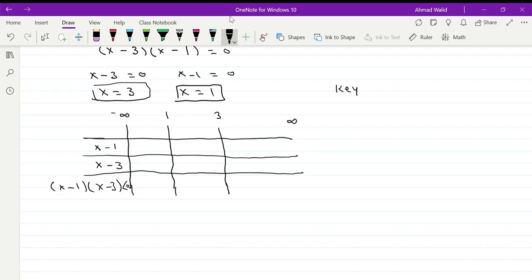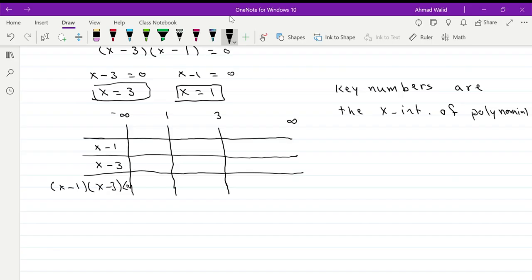Key numbers are the x-intercepts of polynomials. Correct? Remember this. Key number is the x-intercept.